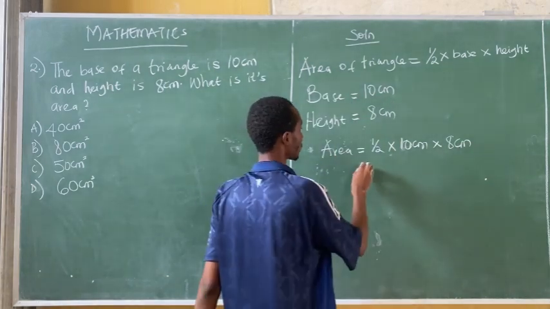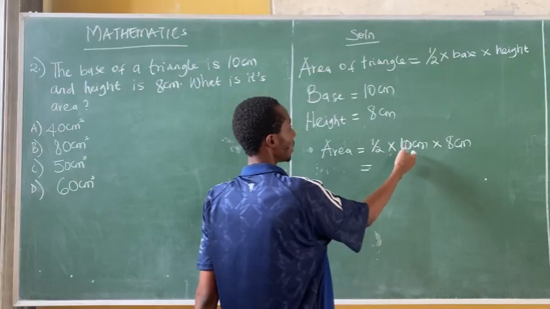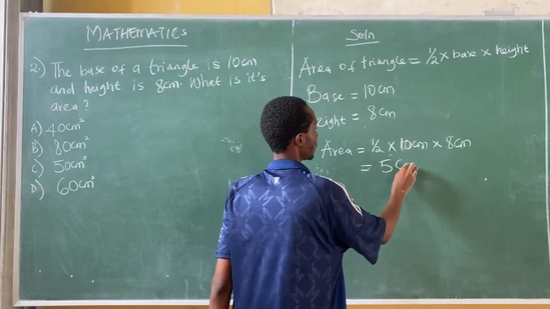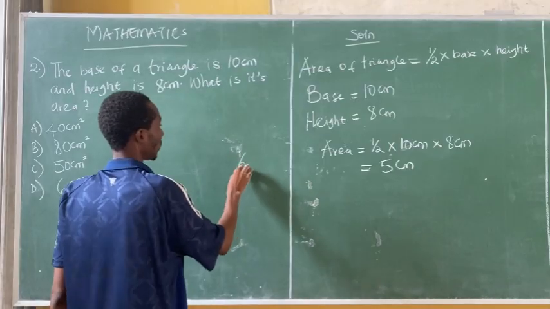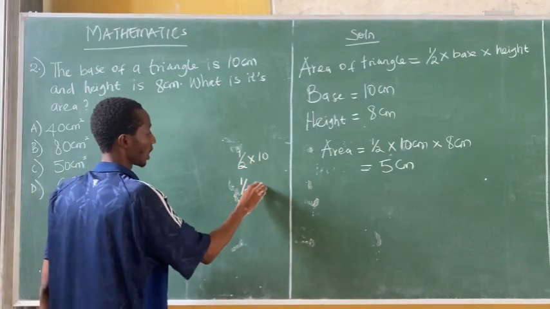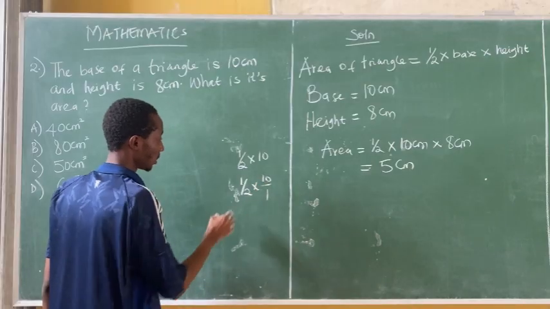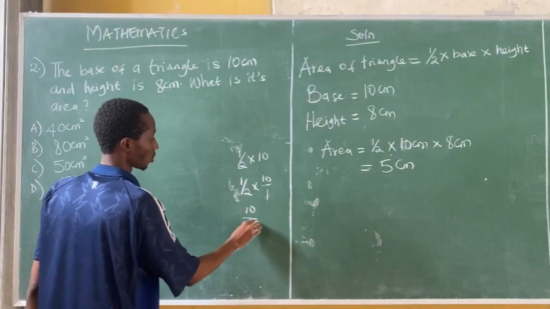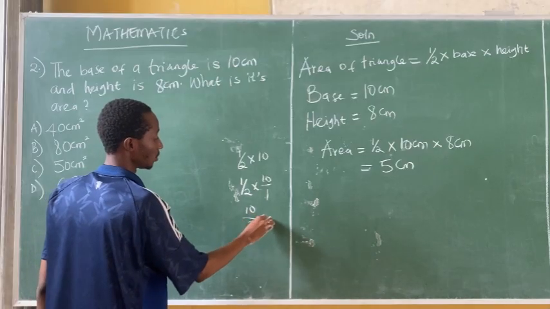This will give us 1 over 2 times 10 cm will give us 5 cm. This is the same thing as 1 over 2 times 10 over 1. 1 times 10 is 10, divided by 2 times 1 is 2. 10 divided by 2 will give us 5.